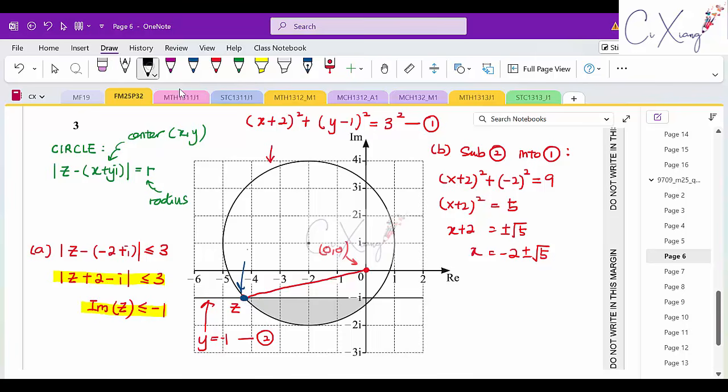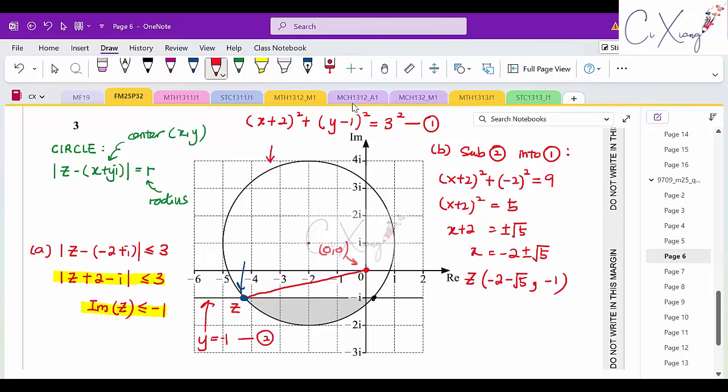This point here, by right, the coordinate should be negative 2 minus square root 5. Okay, so you successfully get the coordinate of the z that I want. So z has the coordinate of negative 2 minus square root 5 and negative 1.